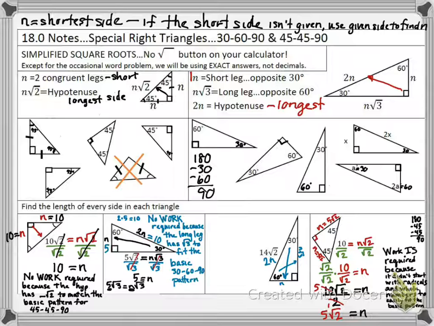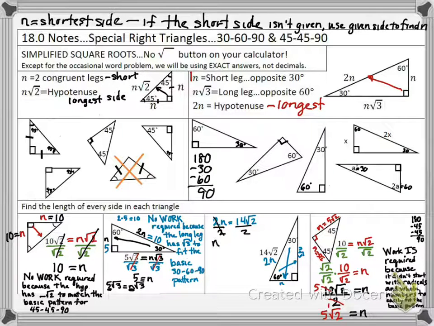Now, I don't know n. I need to know n. So I'm going to make myself an equation over here, give myself a little more space, and say the 2n side is 14 root 2. I don't need to know the 2n side because I know that. I need to know the n side. So if I want to get the n by itself, divide by 2.